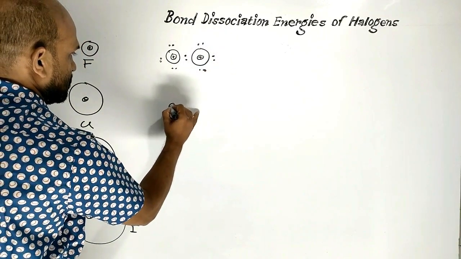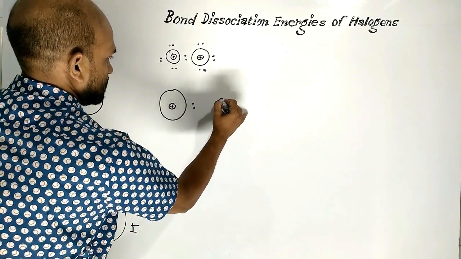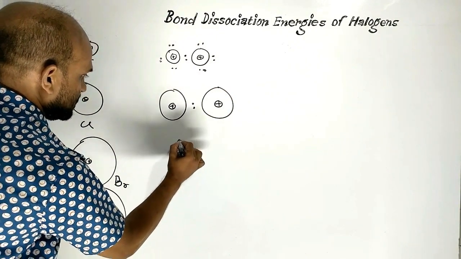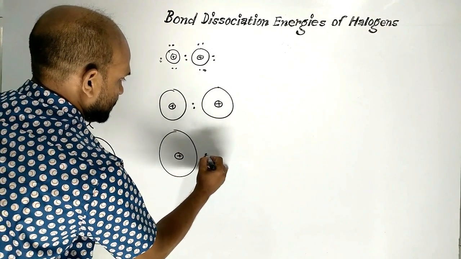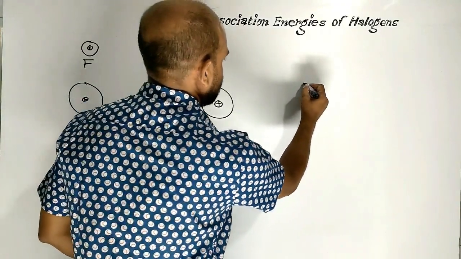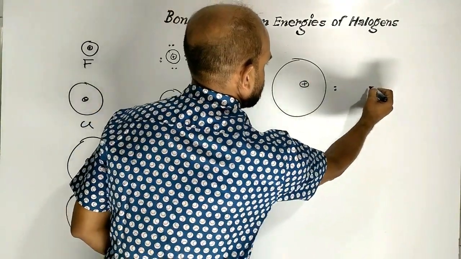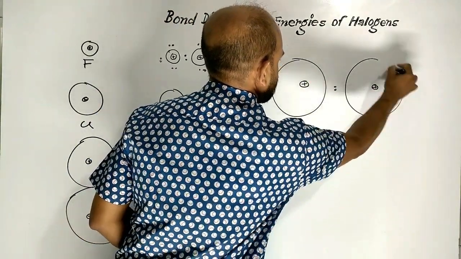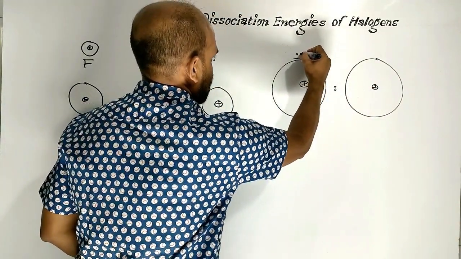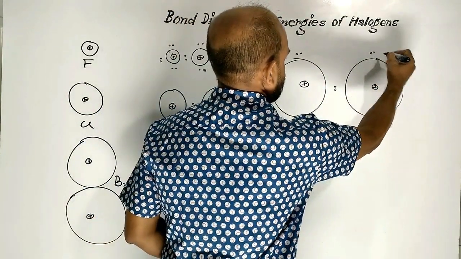Then chlorine is a bit bigger, bromine is bigger, and iodine is the biggest here. For iodine, each iodine atom contains 3 pairs of electrons.